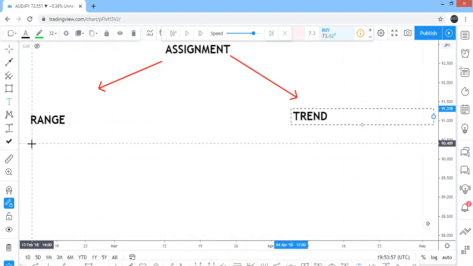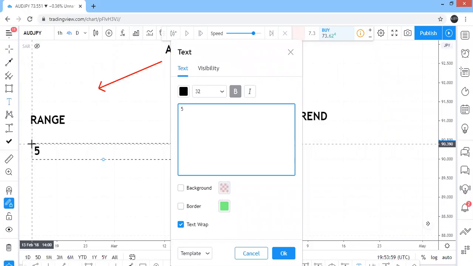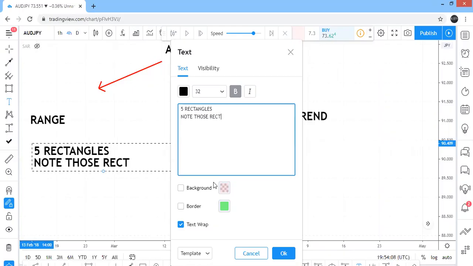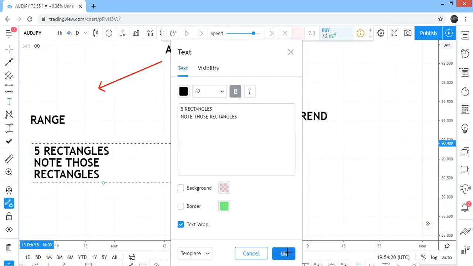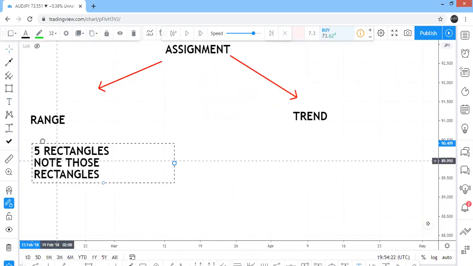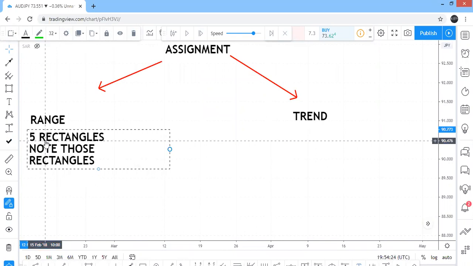Range traders, find 5 rectangles. Note those rectangles. So does it have a support, a resistance, a pivot line, etc., etc. I want to see that you're able to identify what are part of those rectangles. Okay, so that's easy. 5 rectangles. Find the range, draw the rectangle, etc., etc.